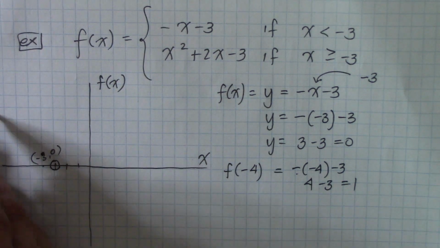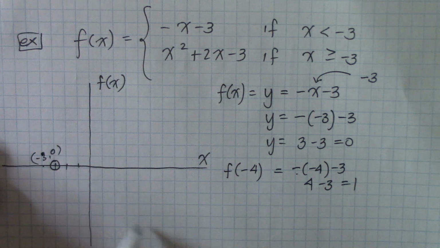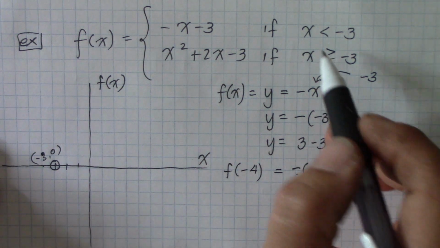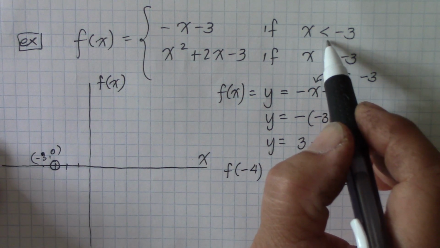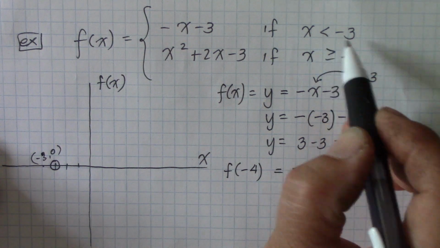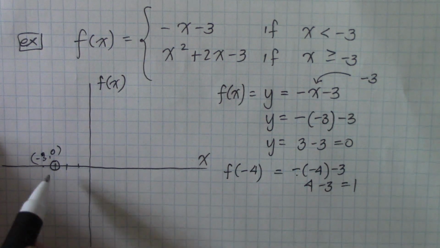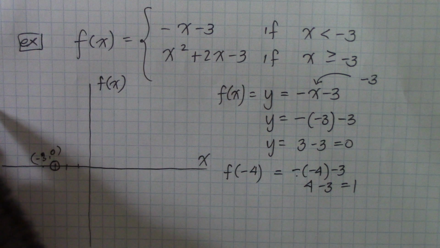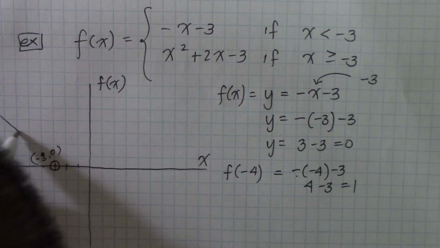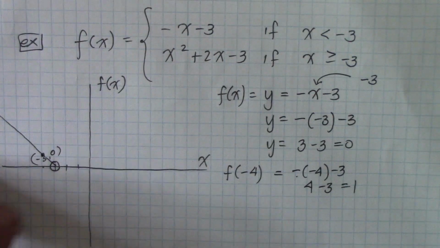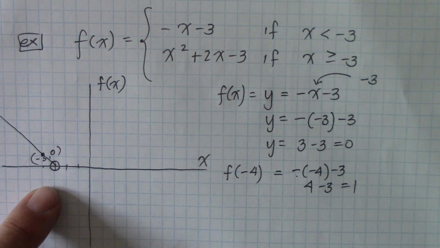So this line is going to go left to right, going down this way. However, we do not want to draw a line past or on the negative 3. So it's going to look like this over here. See if it makes sense to you. Boom, like that. My head just bumped into the camera.